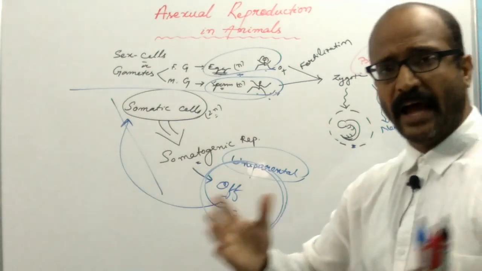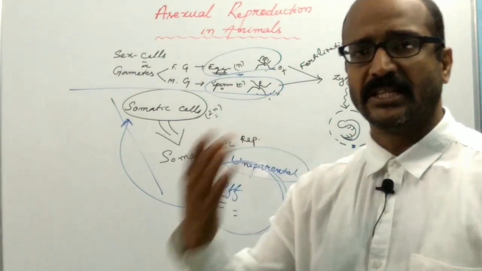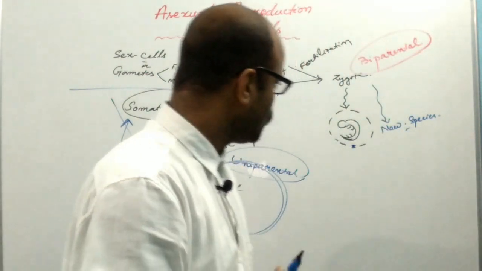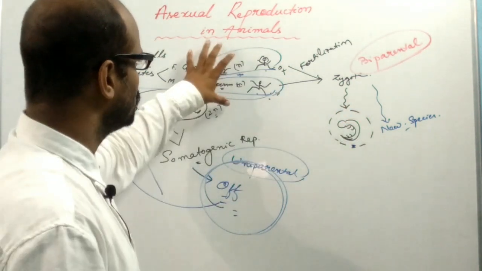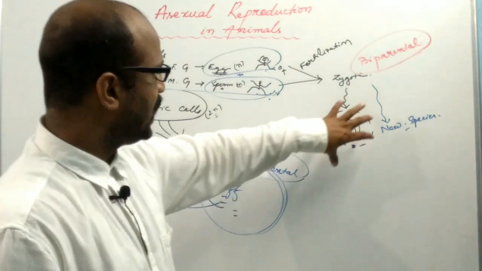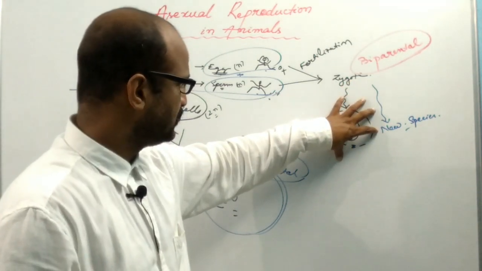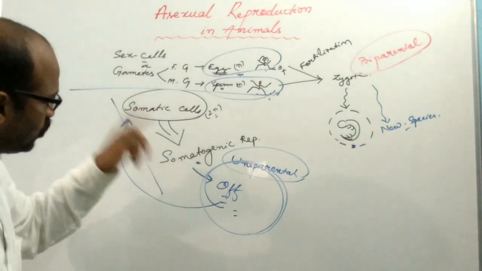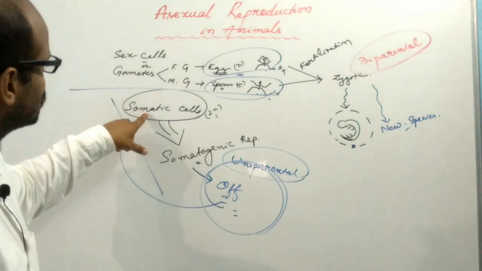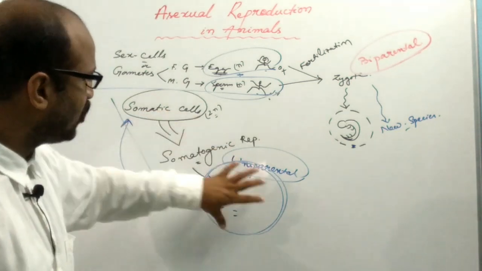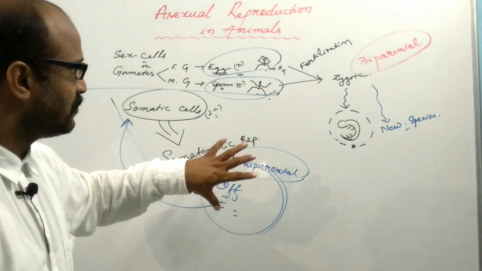We all know that the environment changes during the course of time. So those offsprings produced in sexual reproduction are more adaptive to the changing environment. But on the other hand, those offsprings produced by asexual reproduction do not adapt to the changing environment.